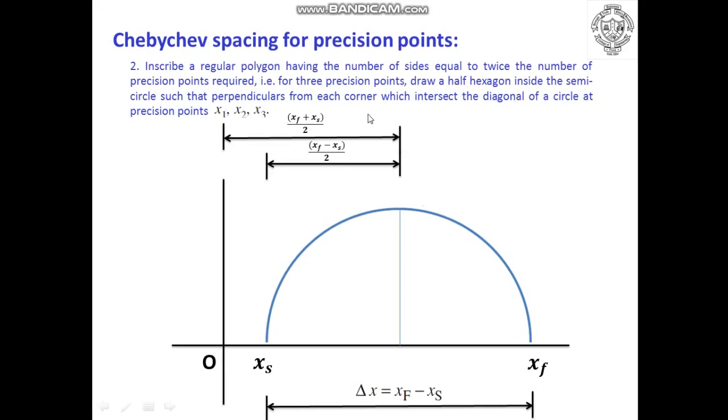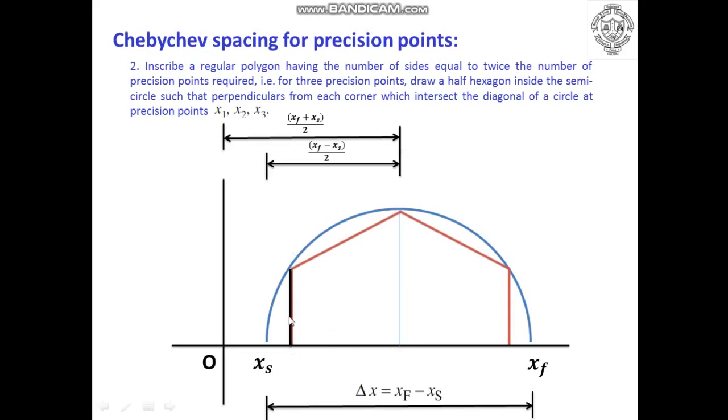Now the condition is that you have to inscribe the half hexagon in such a way that at the corners of the hexagon, the first corner, second corner and third corner, where they intersect the circumference of the semicircle, from these 3 points we draw a perpendicular to be projected on the x-axis.